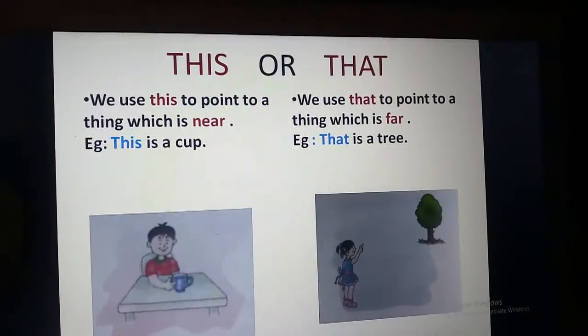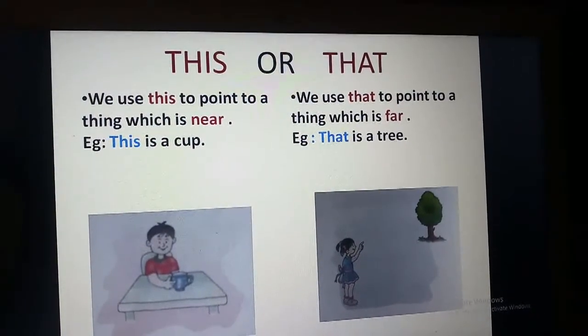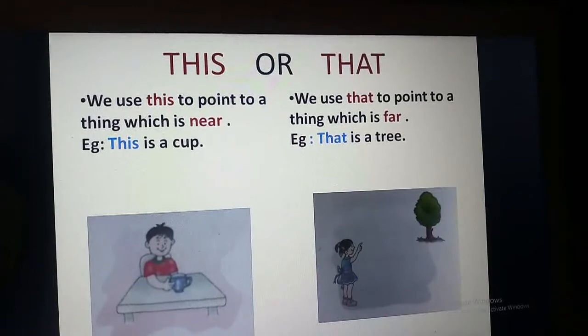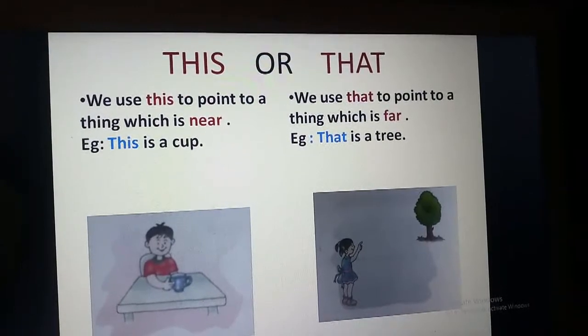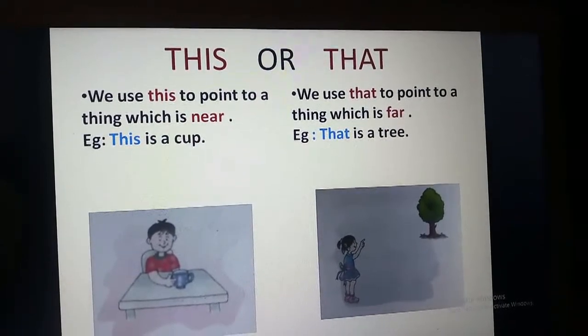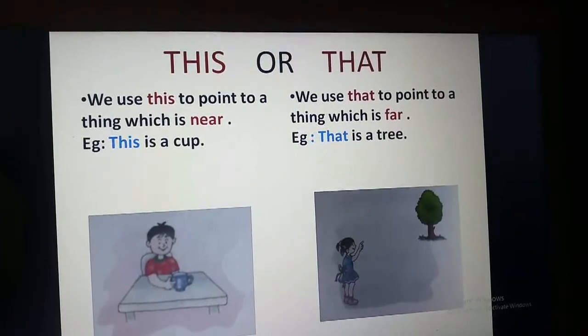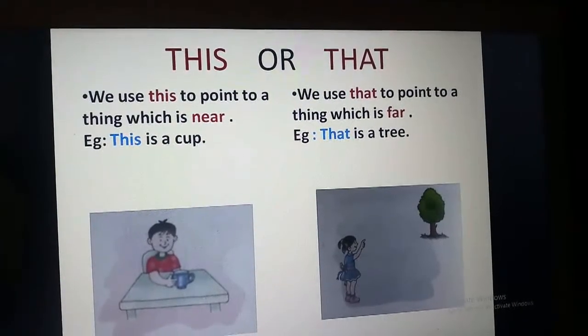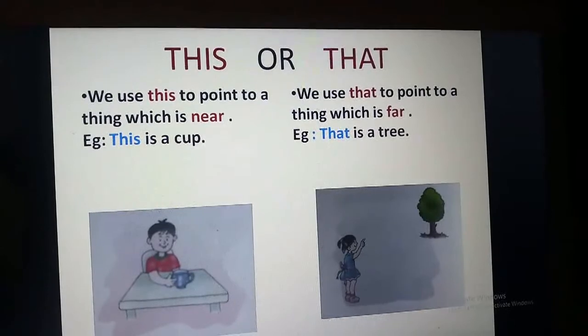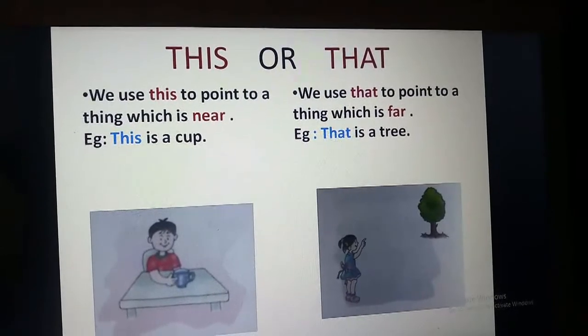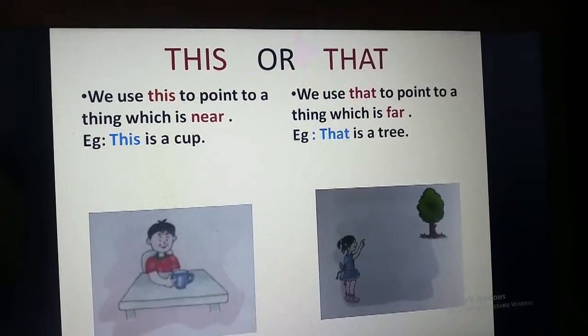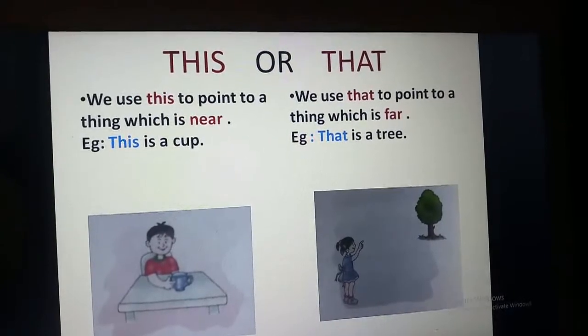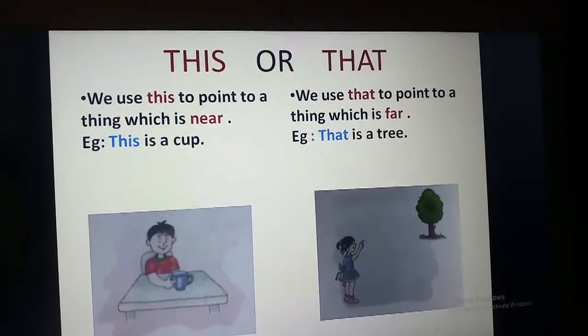Now look at the second picture. The girl is pointing at the tree. Is that tree near? No, that tree is not near. That tree is far. Far means दूर है. Look at the point. We use that to point to a thing which is far.